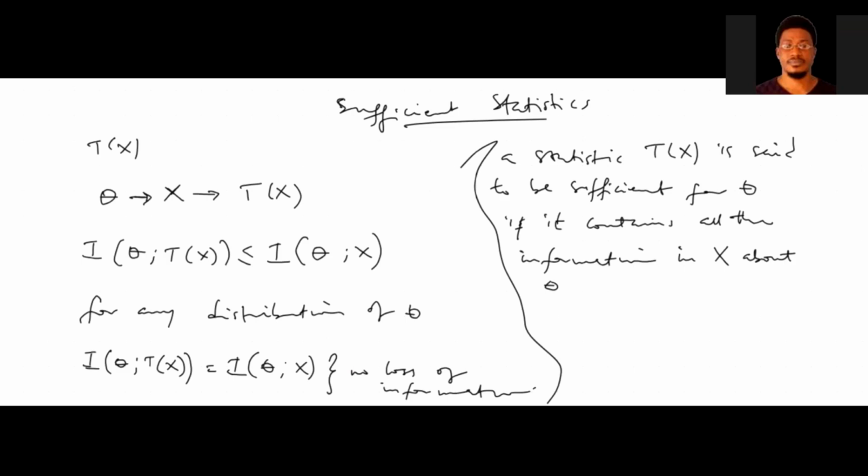And now we are saying that if we have a Markov chain, say theta, forming a Markov chain with X, and then with T of X. Now, by data processing inequality, the mutual information between theta and T of X must be less than or equal to the mutual information between theta and X for any distribution of theta, right?